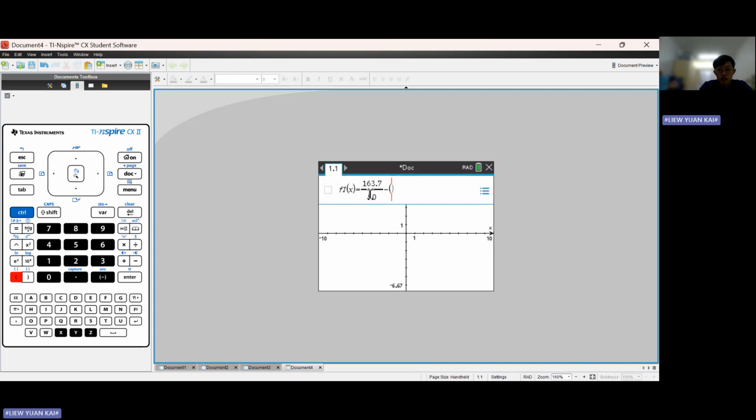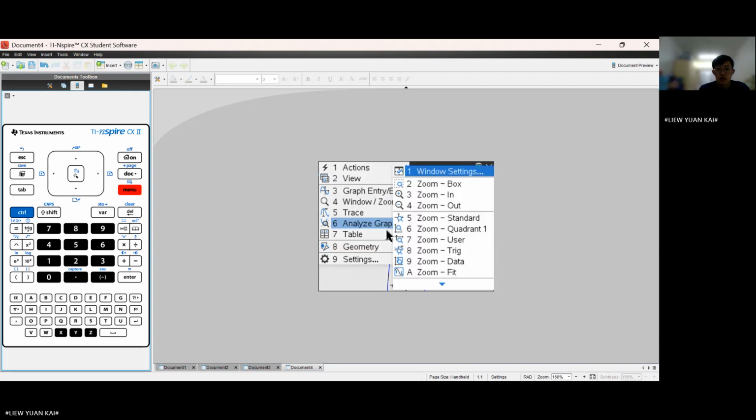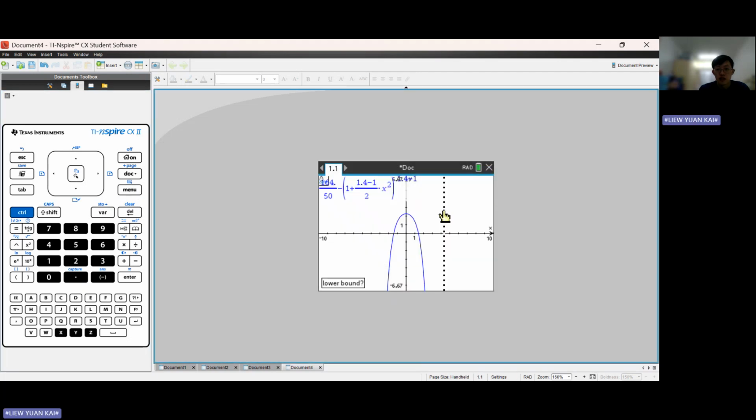So you move it over and minus away that bracket: 1 plus (1.4 minus 1) divided by 2 x squared, to the power of 1.4 divided by (1.4 minus 1). Again, you take the positive root because there's no such thing as a negative Mach number. So you take the zero, and this is about 1.42. That's how you get the Mach number using your calculator.